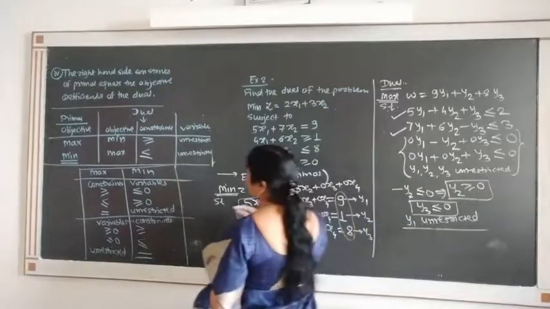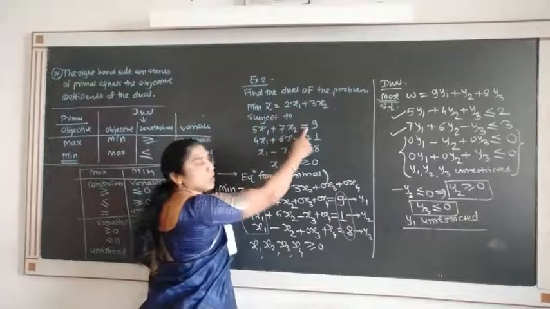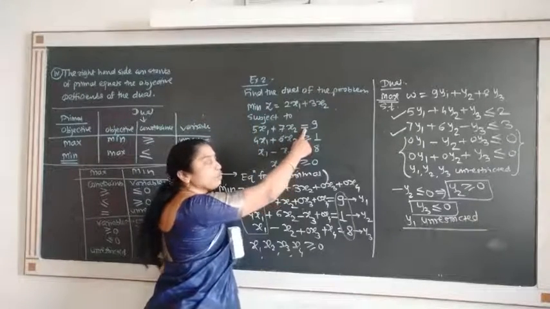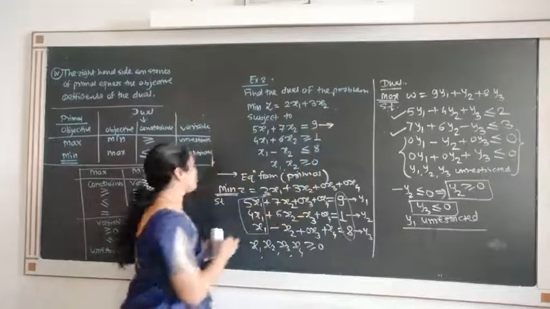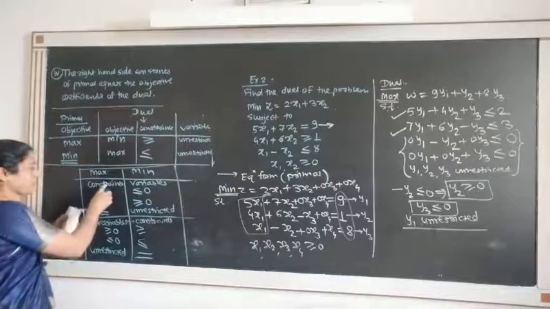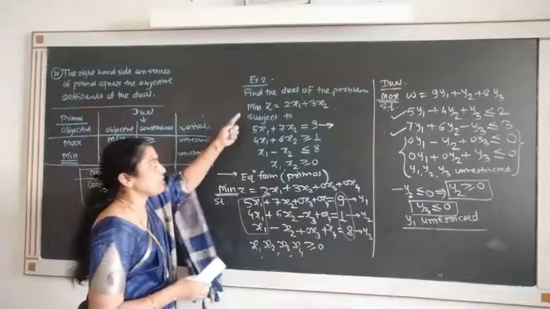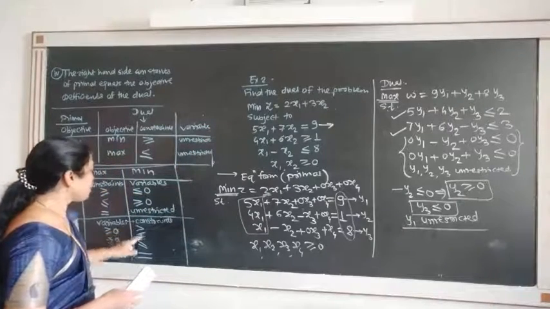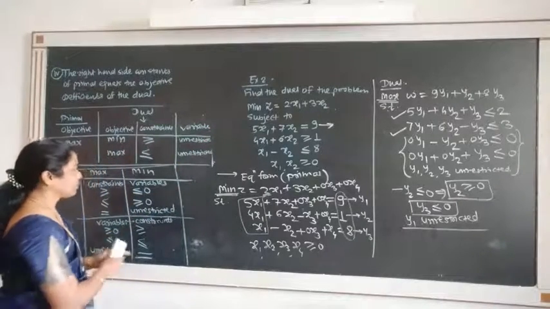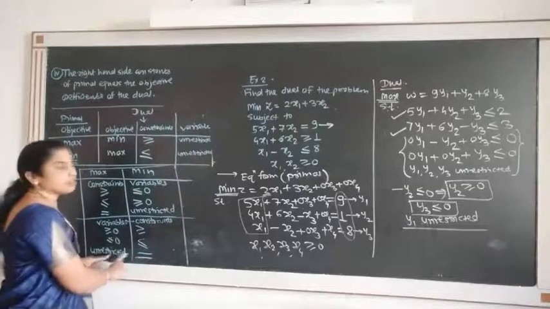So observe now, if you consider this primal, whenever we have equality for the first constraint, see, in minimization, if the constraint is equality, it means that the variable is unrestricted.